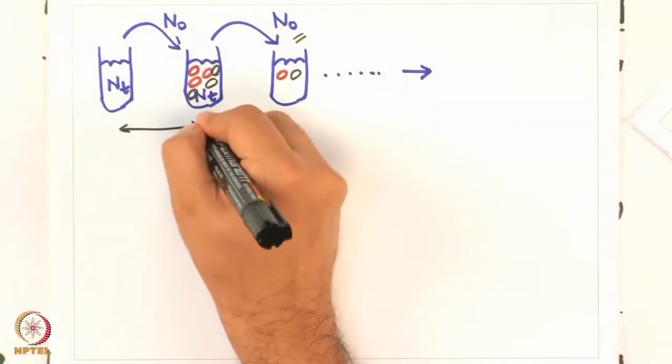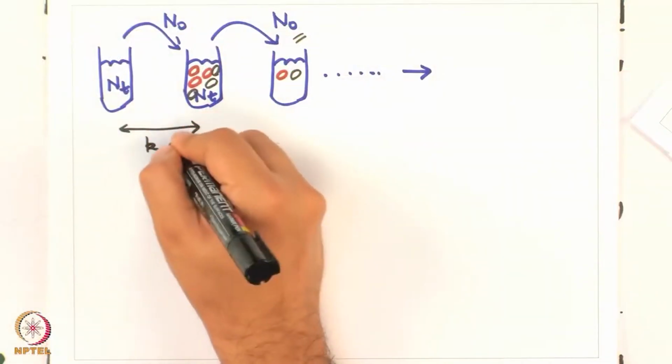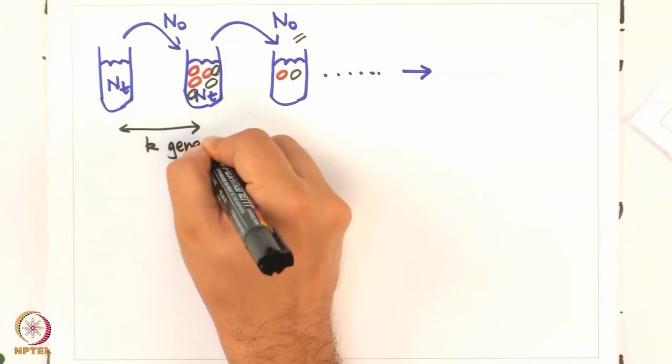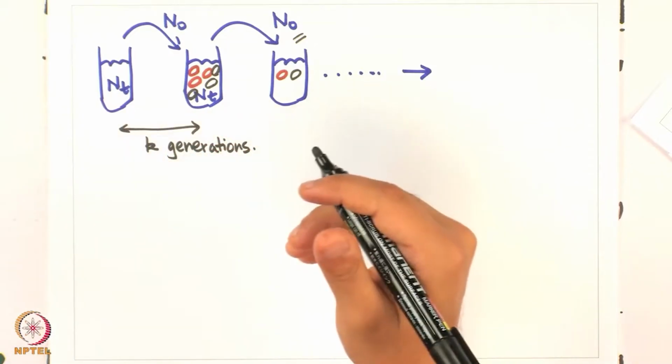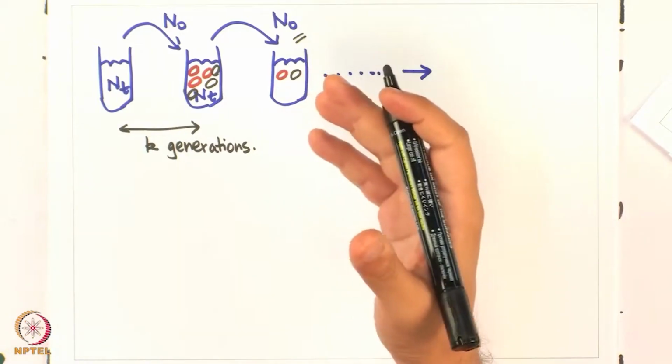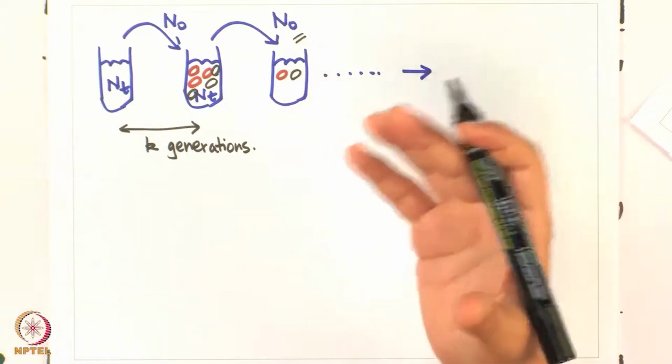So, that is the first type of evolutionary experiment that you do in the lab, and you have k generations taking place in every transfer. Evolutionary experiments could last from a few tens, a few hundreds, a few thousands, any number of generations, depending on what exactly you are going to look at.